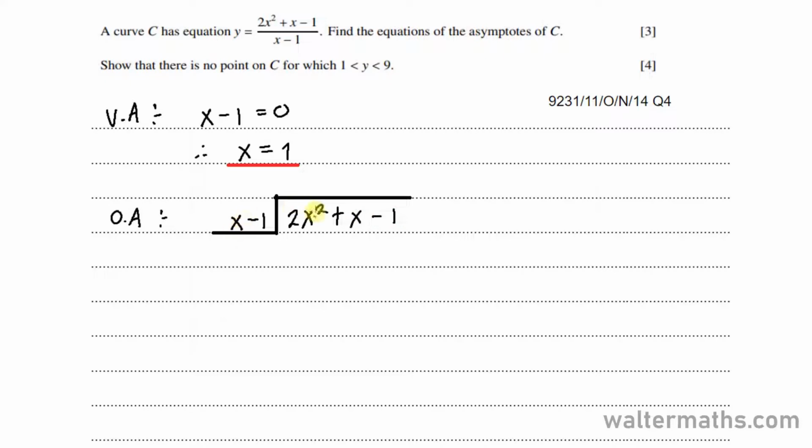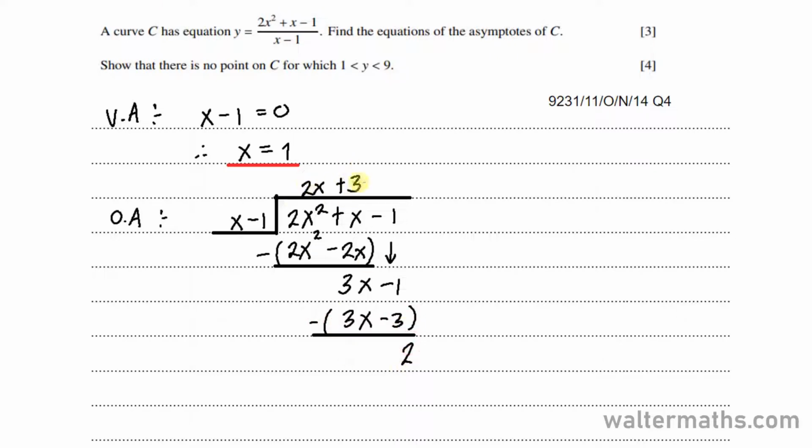So I'm going to divide x into 2x squared and we get 2x here, and multiply 2x by x minus 1, so we get 2x squared minus 2x. Then I'll subtract, so x minus negative 2x gives us 3x. Then I bring down minus 1, and now I divide x into 3x, and I get plus 3, and 3 times x minus 1 is 3x minus 3, and we will have a remainder of 2.